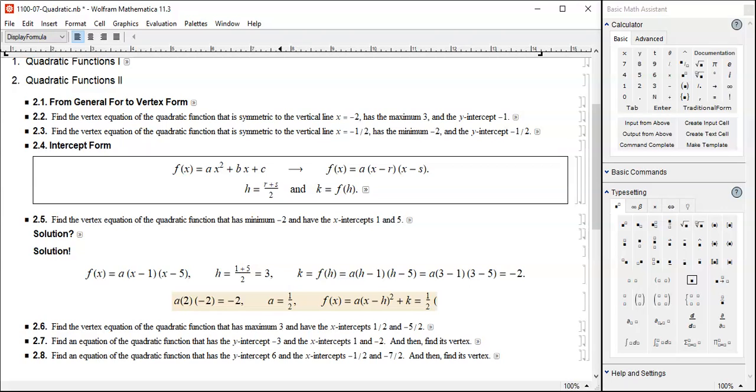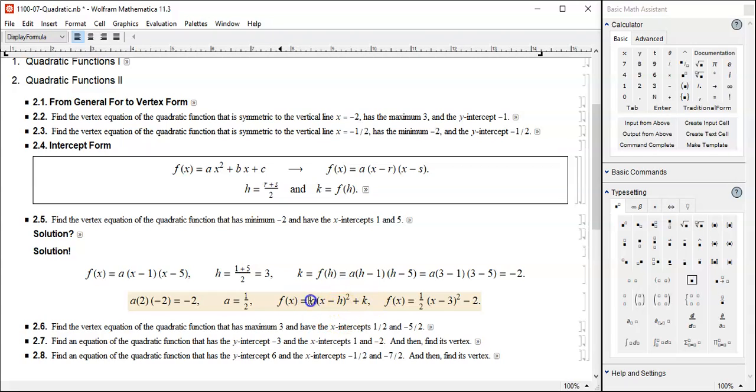1/2 x minus 3 squared minus 2, and that's sufficient. And never mind, I'm going to take one more extra step. There.